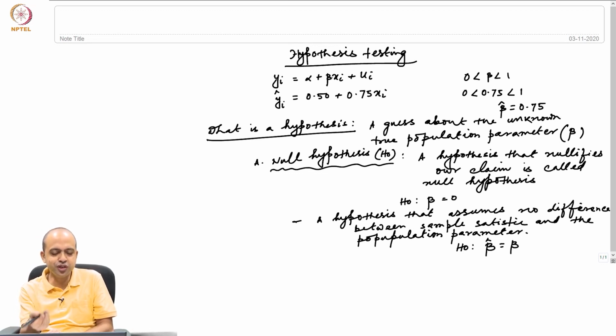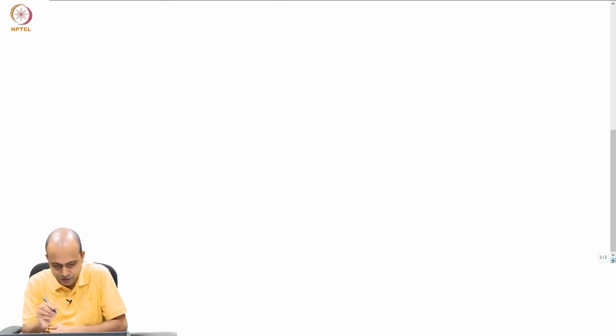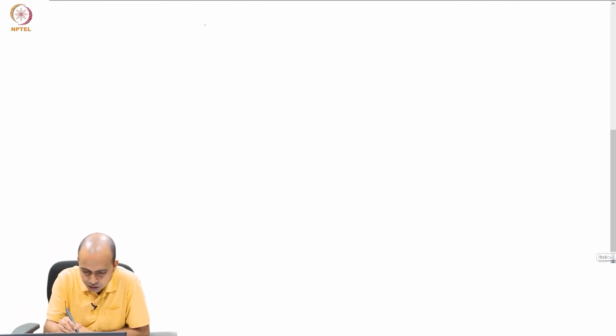If beta equals 0, then x does not have any impact on y. Very simple. And then the other type of hypothesis is called the alternative hypothesis.